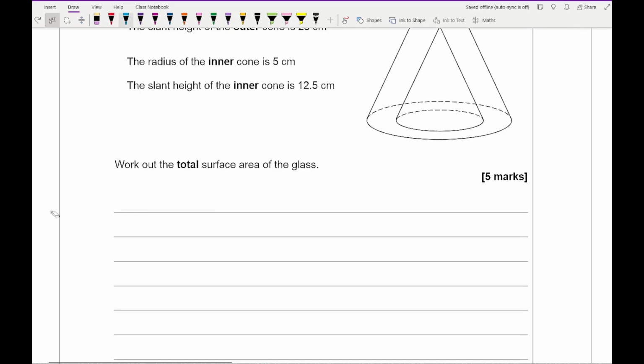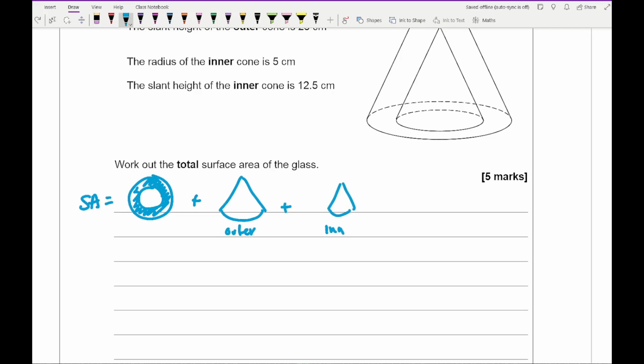Now the surface area for the particular shape is going to be equal to the donut, which is the base, plus the outer cone, plus the inner cone. Now for the donut, that's going to be the big circle minus the small circle.